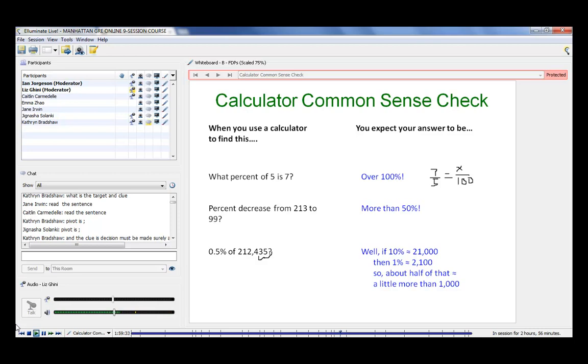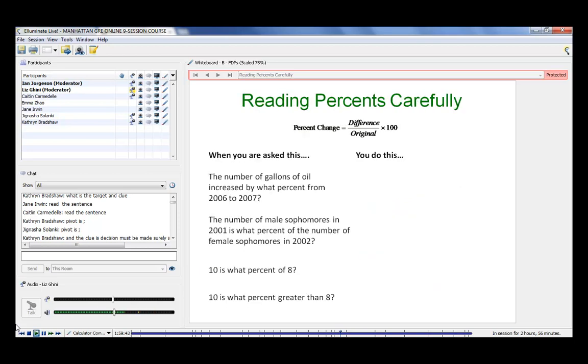A lot of times they catch people just because people are rushing through these problems, because these problems are so straightforward conceptually. Okay, so a couple of things. Again, same thing. If you're asked number of gallons of oil increased by what percent from 2006 to 2007, what are you setting up as your equation?